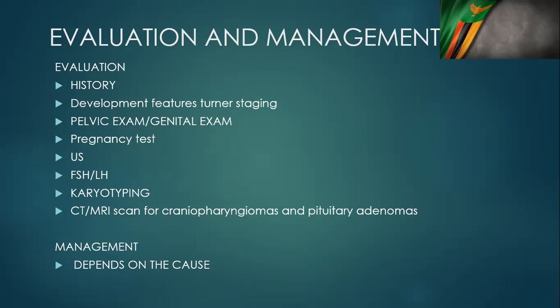So the terminology used for that is hypogonadotrophic hypogonadism. Hypogonadotrophic means that FSH and LH are low. That's why we are saying hypogonadotrophic. So if FSH and LH are low, it means the problem is in the pituitary or in the hypothalamus.